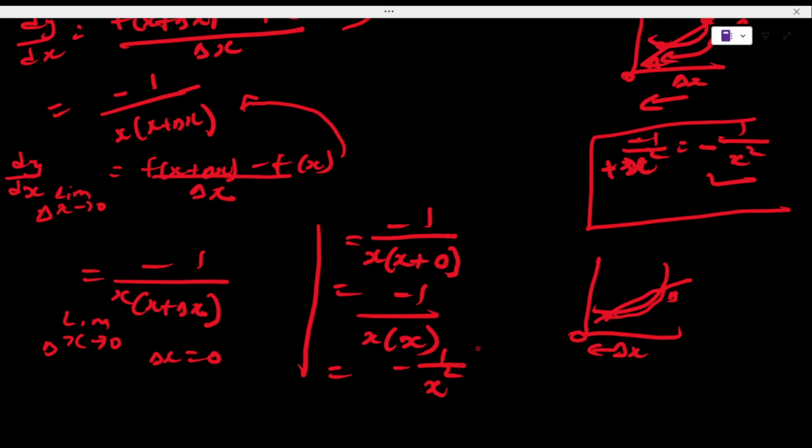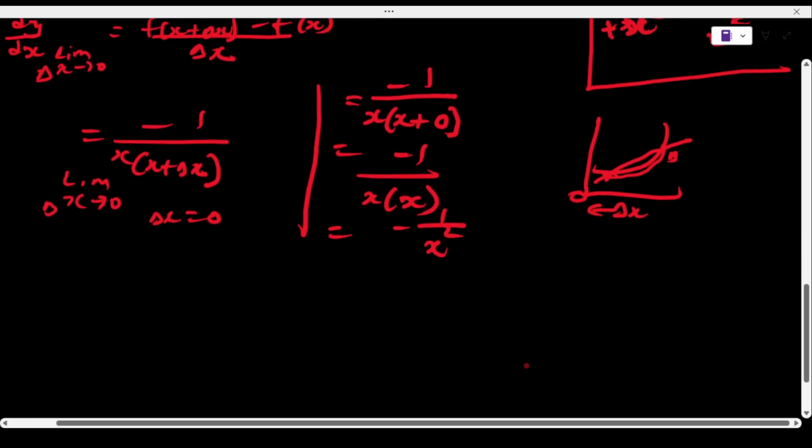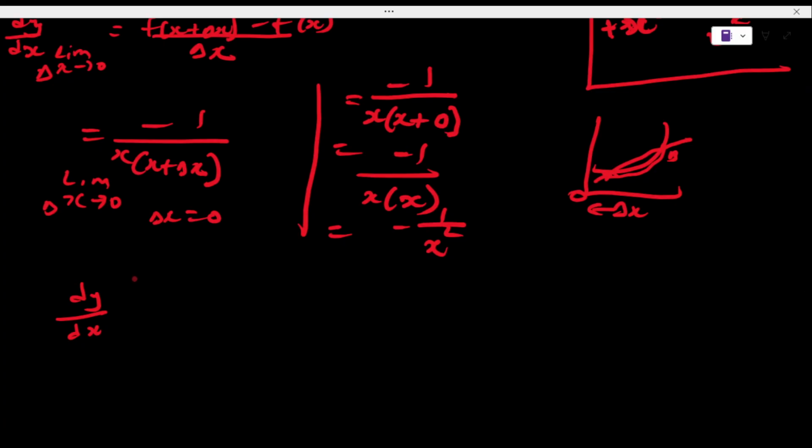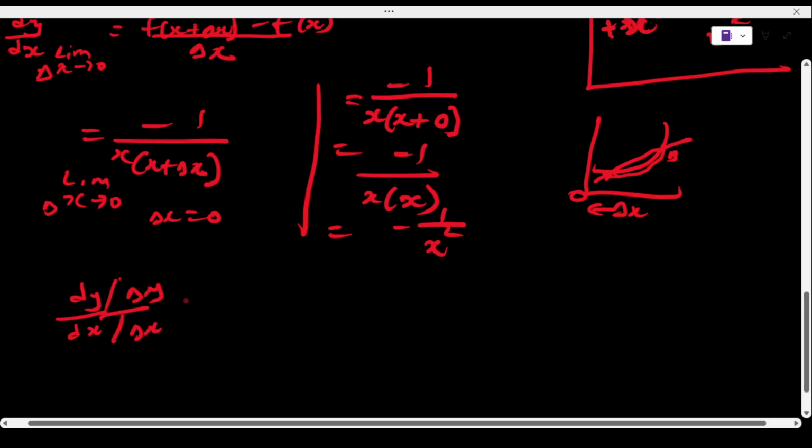So therefore, our answer for the derivative function, the derivative of y equal to 1 over x, that is dy dx of 1 over x. You can also write it like this, change in y over change in x, still the same thing.